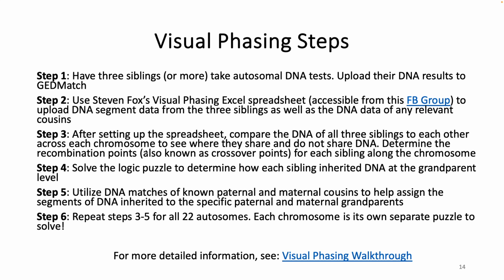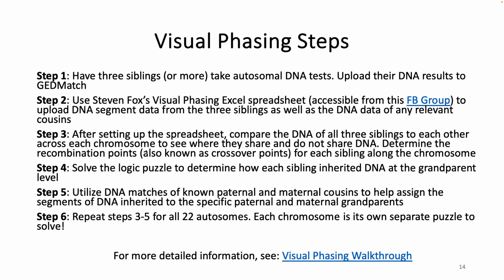They have to have taken DNA tests for you to be able to do this process. And once they have taken these DNA tests, their DNA results need to be uploaded to the third-party website called GEDmatch. That's going to be a prerequisite for being able to do visual phasing, as we currently are able to do it. So step number two.